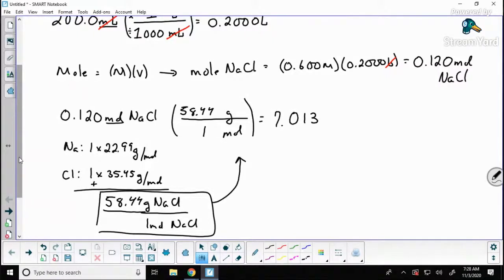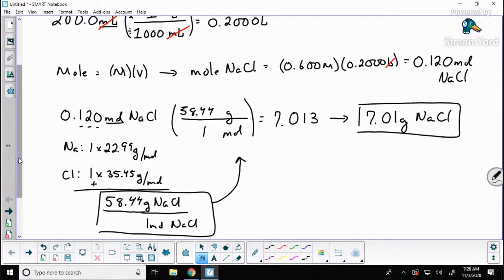And then again, we need to round to just 3 significant digits. So 7.01, and then units of grams NaCl. And that is the mass of NaCl that we would need to have to be able to prepare this solution.